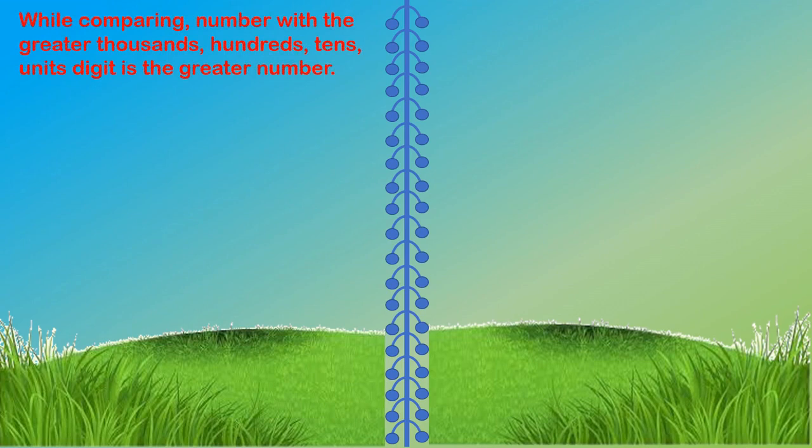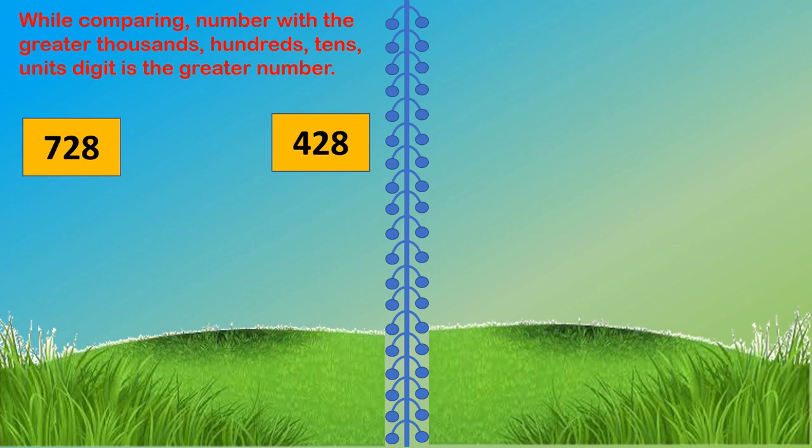Before we begin, let us keep in mind, while comparing the numbers, the number with the greater thousands, hundreds, tens, units digit is a greater number. So let's get started with the first number. Look at the numbers 728 and 428.